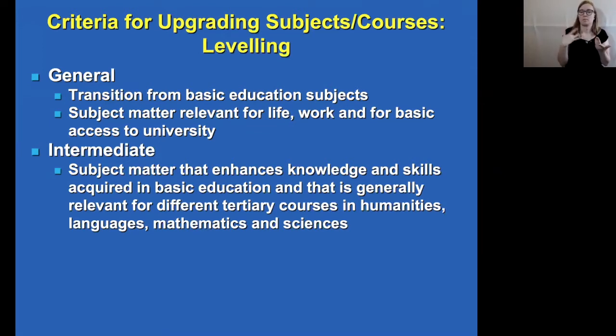You might want to do a nursing degree or diploma, and so it would be the sciences content that you would need for that, rather than a general natural science course.